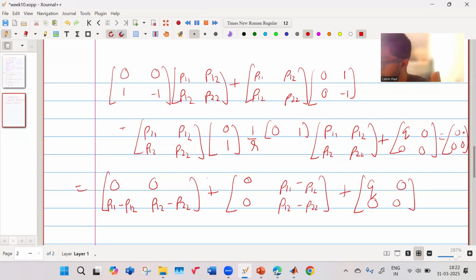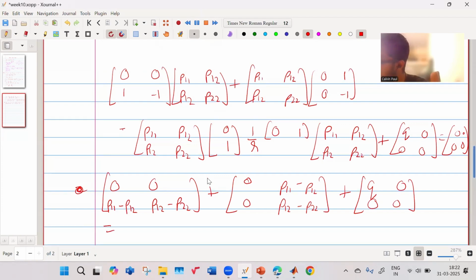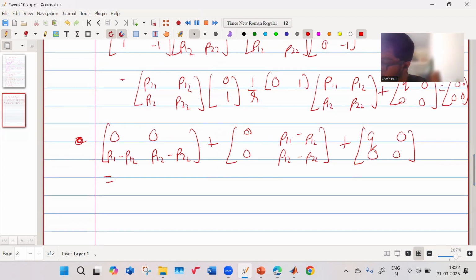So this equals 1 by R times [P12 P12; P22 P22] products.